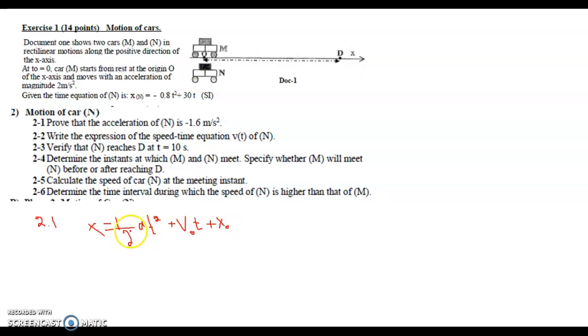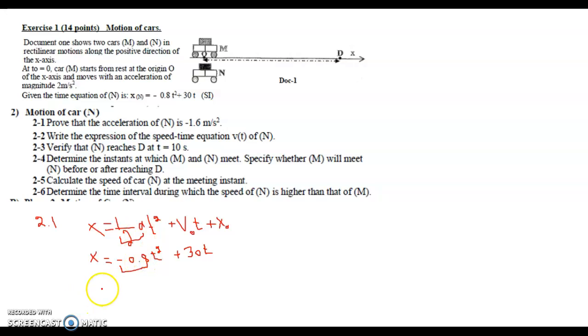Okay, so now you are given x equals minus 0.8 t squared plus 30t. Comparing it, you are supposed to prove that the acceleration of N is minus 1.6 meters per second squared. So you have half a is the coefficient of t squared, and here it's minus 0.8.